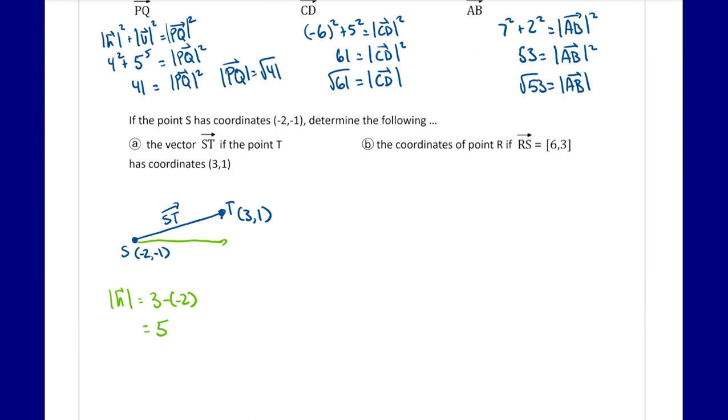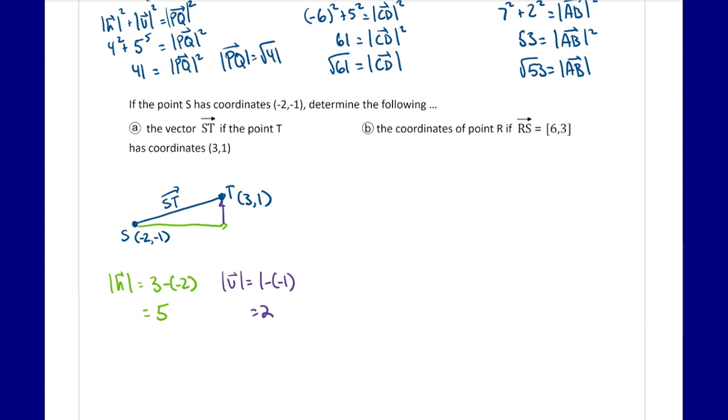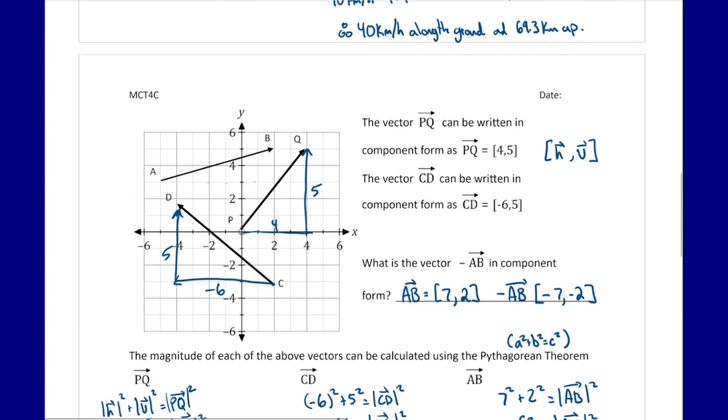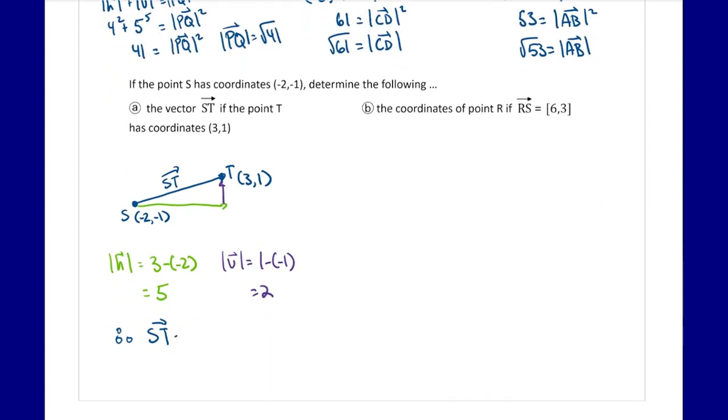And then the vertical component, same idea. I can do 1 minus -1, and I get 2. So that means the horizontal component is 5, the vertical component is 2. So therefore, the vector ST equals 5, 2. So that's the vector ST in component form.